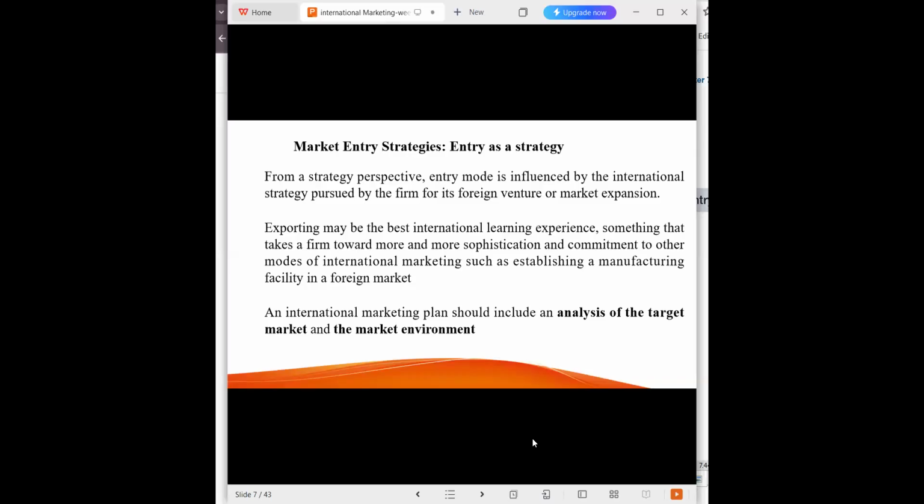As I previously mentioned, the market environment. One has to understand the economic environment, political environment, the social cultural environment, the technological environment, and also the legal environment is very important.